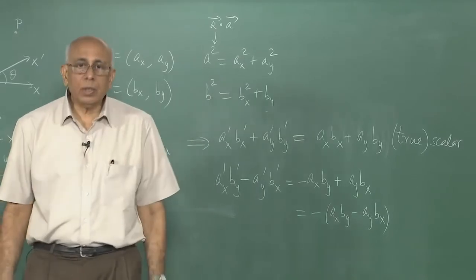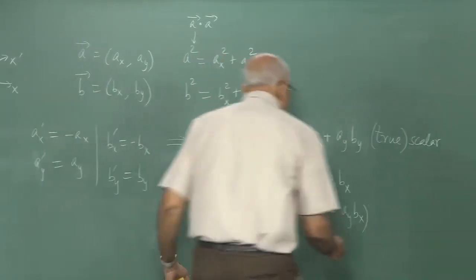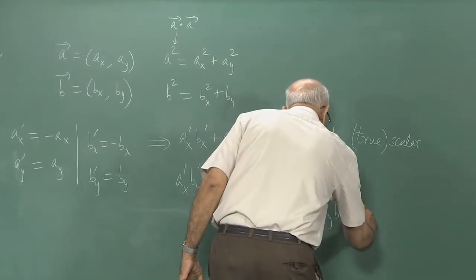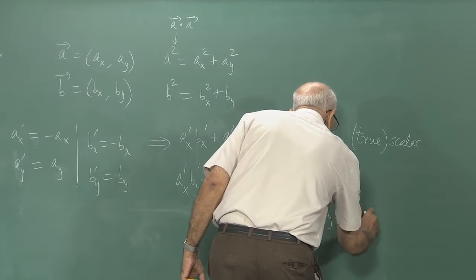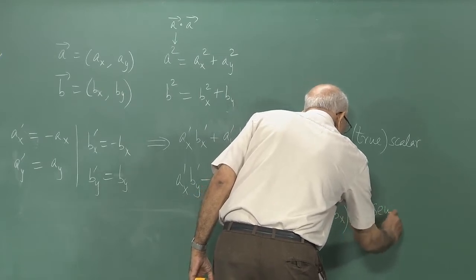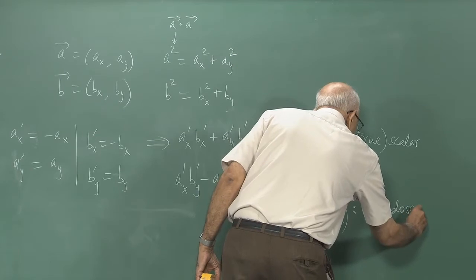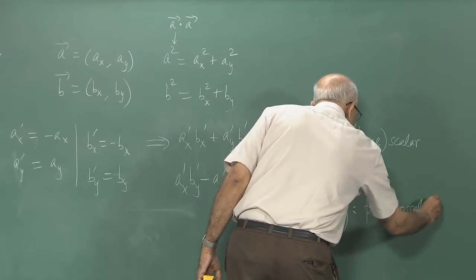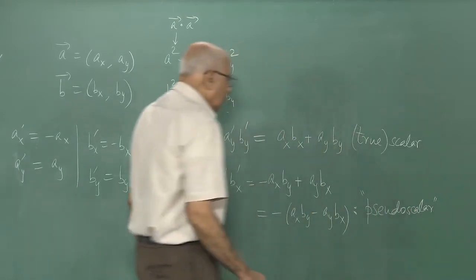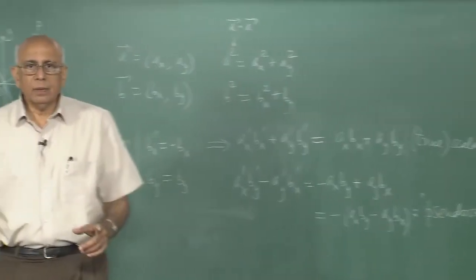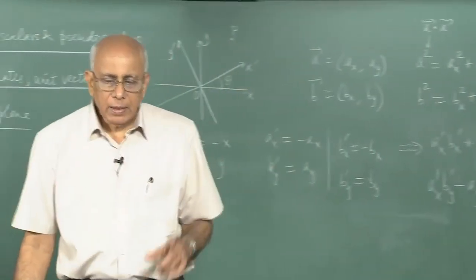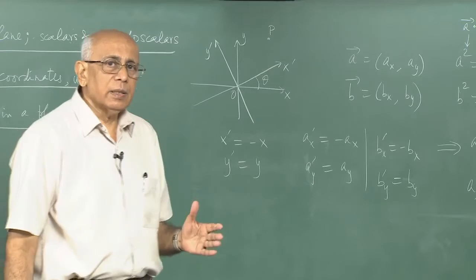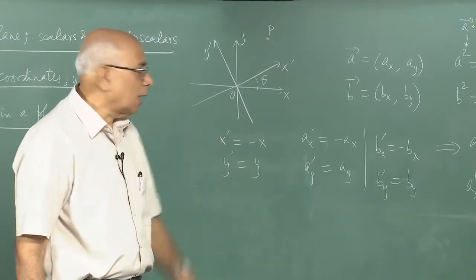Such an object is called a pseudoscalar. It is still a scalar under rotations, but its transformation under reflection is different from that of a true scalar.